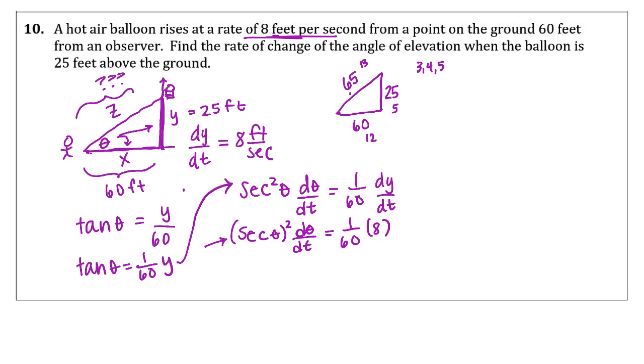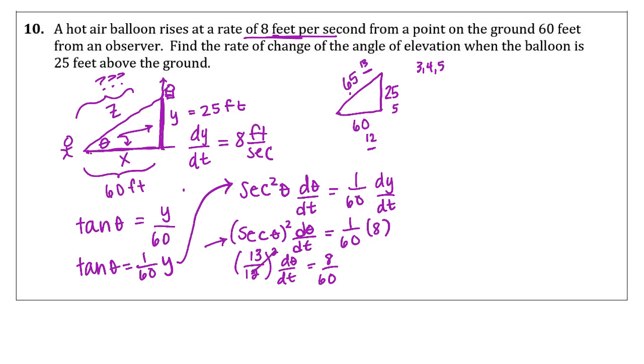So we're going to do hypotenuse over adjacent, and I'm going to use the reduced form. That's 13 over 12 all squared d theta dt equals 8 over 60. Our next step, we need to divide over our 13 over 12 squared.